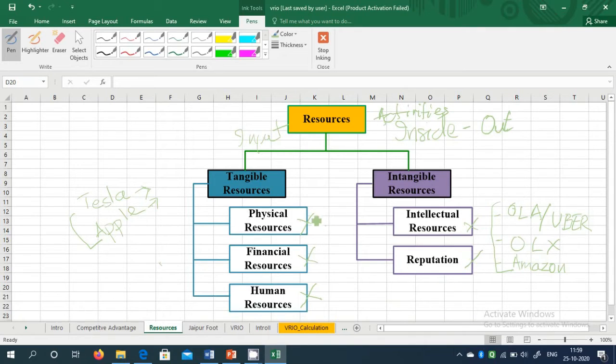So if you are having something very unique, like in the case of these companies, Tesla, Apple, Ola, OLX, Amazon, or say for example Dell's delivery system, if you are having some uniqueness over there, then only can you say that your inside out approach would work, and as a result you can achieve sustained competitive advantage.